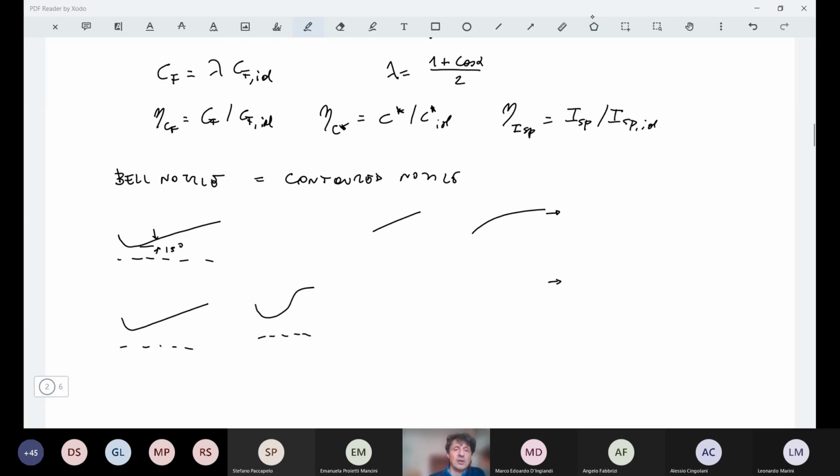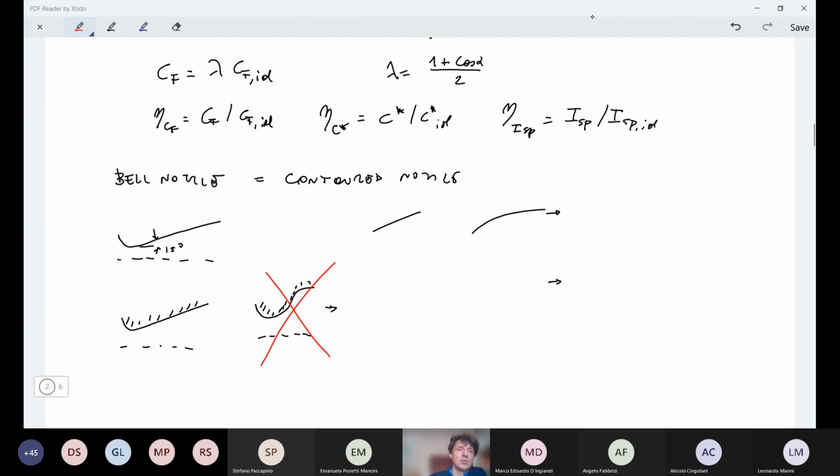I just do something very abrupt, I change the direction here and I have my uniform flow in this direction. This is not what happens. So we have to remove this concept and go towards something that can be achieved.